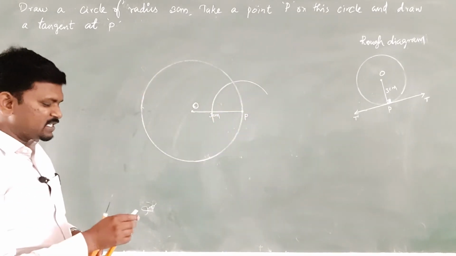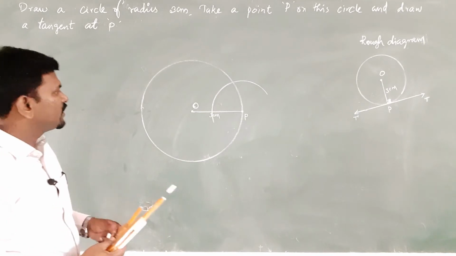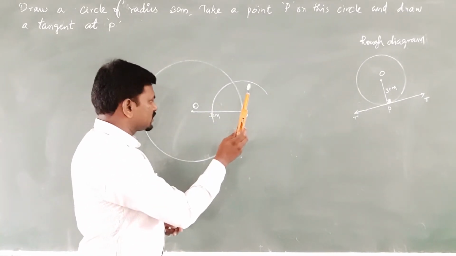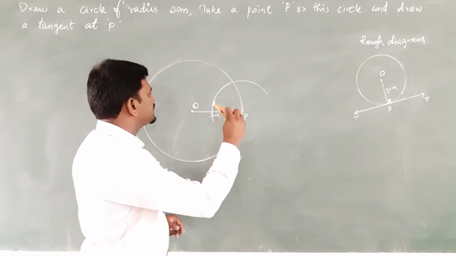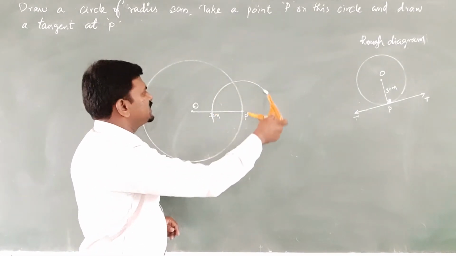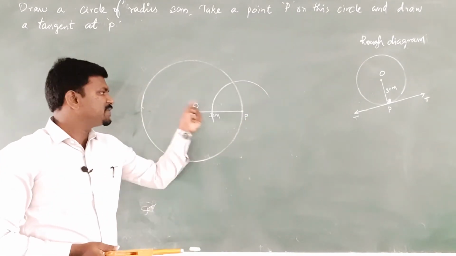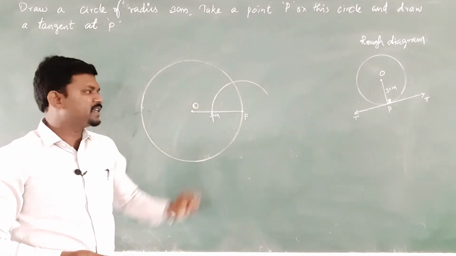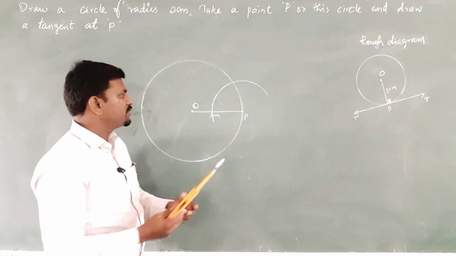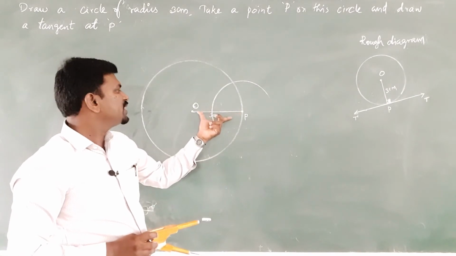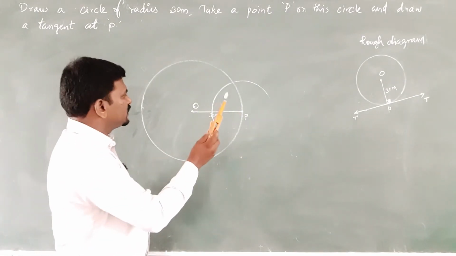For this semicircle, this arc, you need not take any specific measurement, you can do it with any measurement. If you want to make it a little small, you can reduce it, and if you want it big, you can do that, no problem.